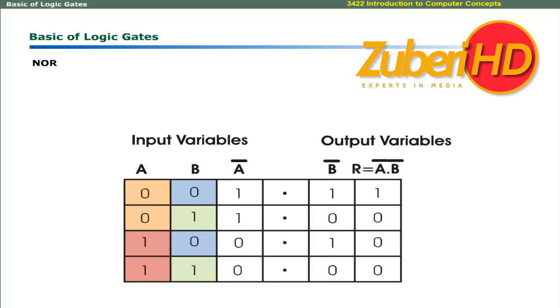The input variables are complemented and logical multiplication is performed to get the result. The result of complemented OR gate is 1 or true only when both input variables have binary values 0 or false.